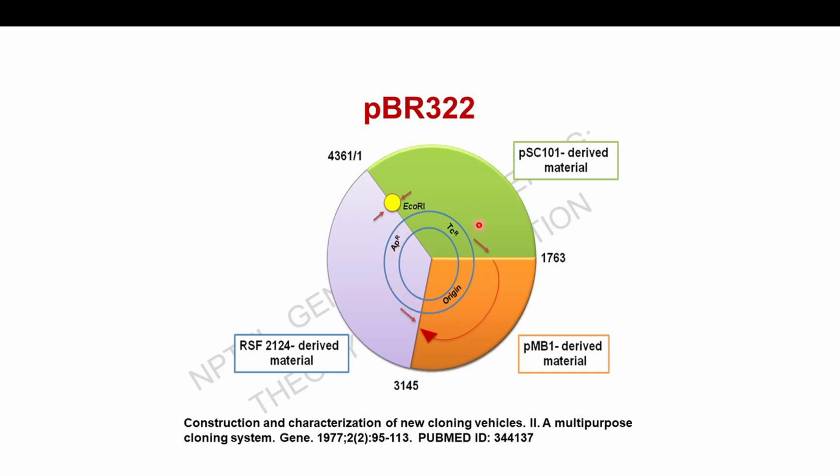Suppose this tetracycline resistance fragment was derived from this particular source, whereas the ampicillin resistance fragment was derived from this particular source, and the origin of replication, which will provide the start site for the replication machinery to start its function, was derived from this particular source.